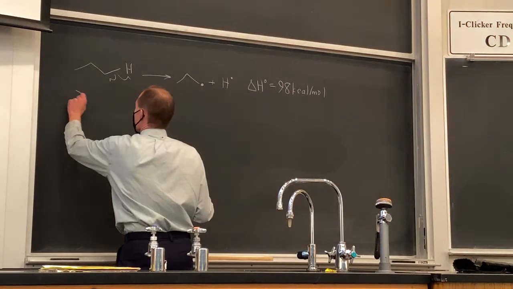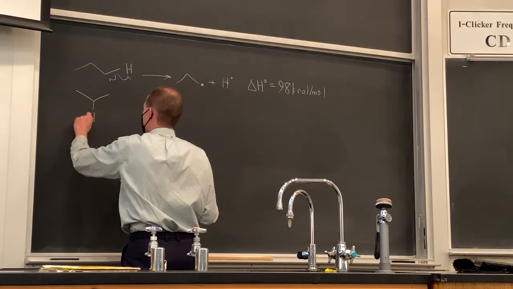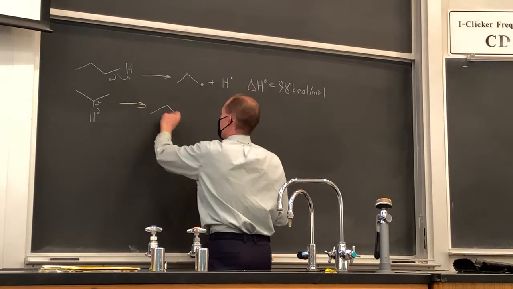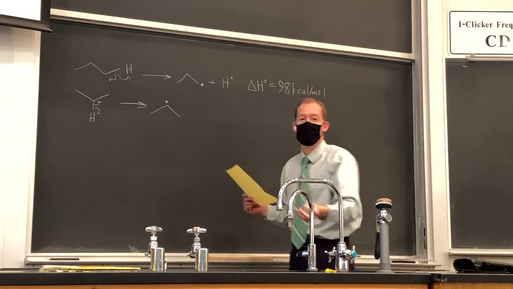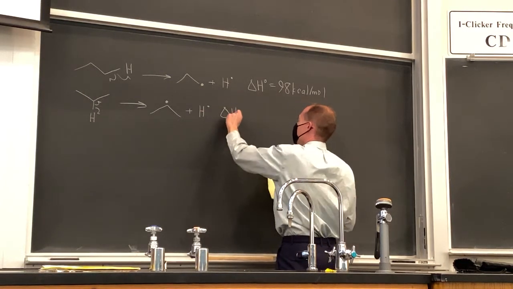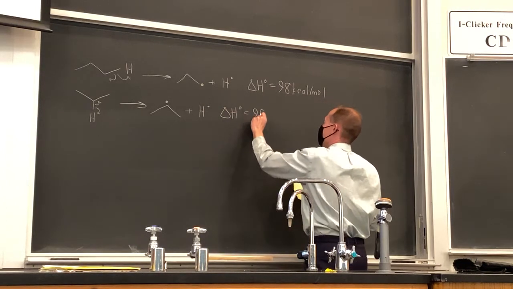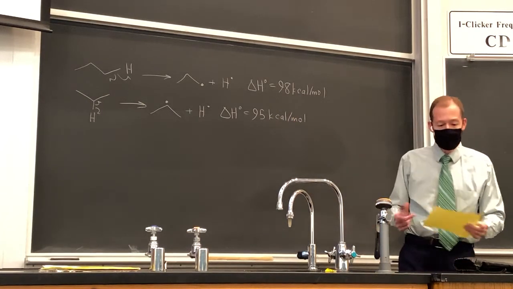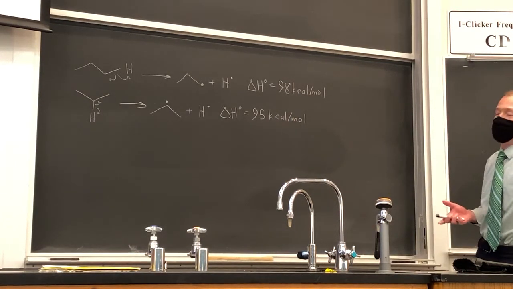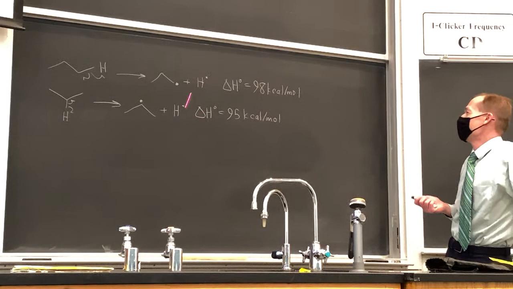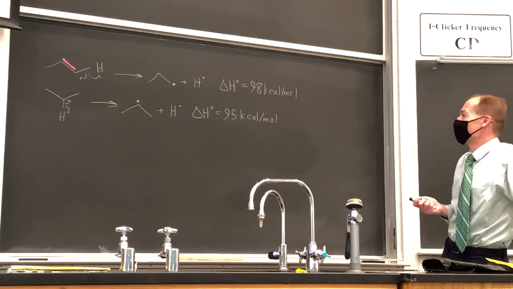But in propane, we also have secondary carbon-hydrogen bonds, and we can measure the bond dissociation energy of the secondary carbon-hydrogen bond. And we find that that's lower. It's 95 kcals per mole. We have the same starting material. We have propane as our starting material in both of these reactions. The hydrogen atom, that's the same. So the only difference in these reactions is the alkyl radical.